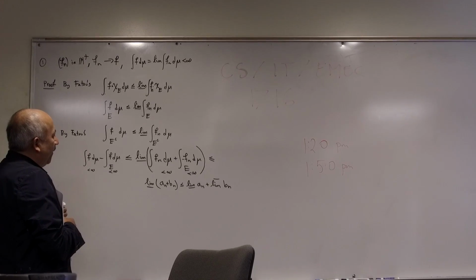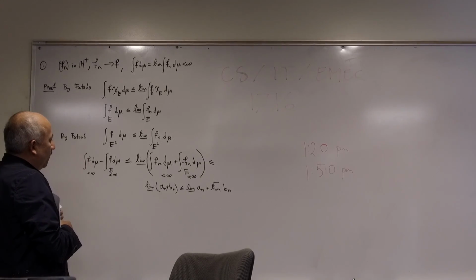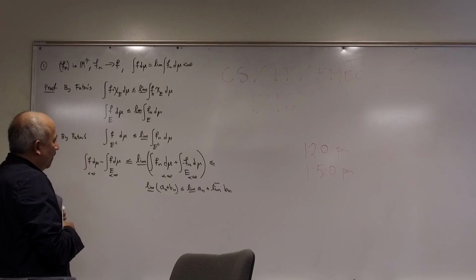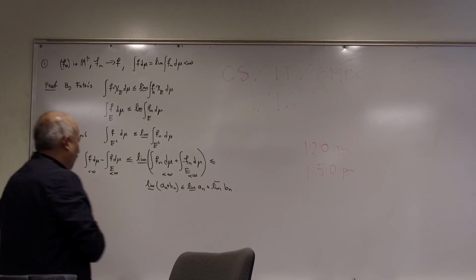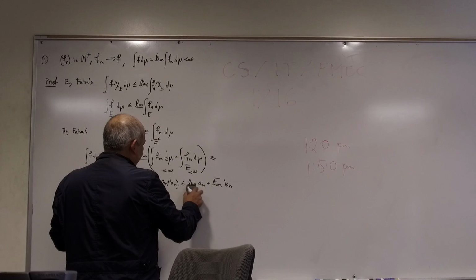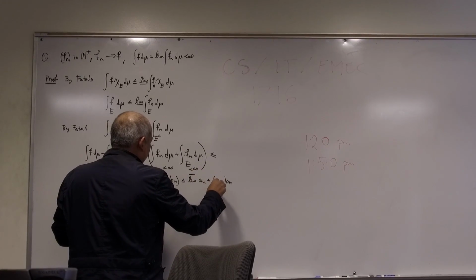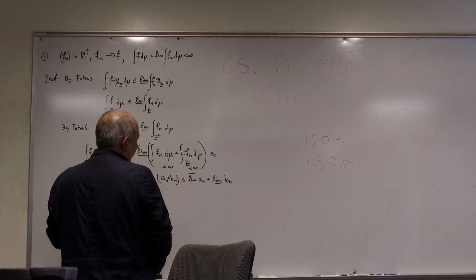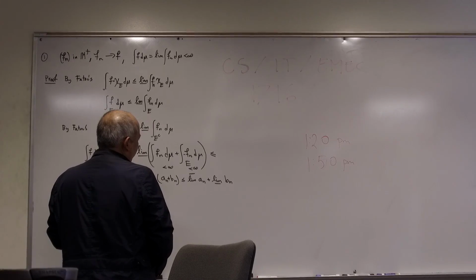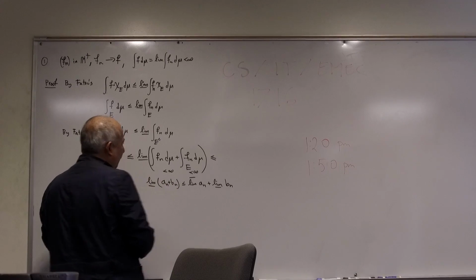Yeah, we can do that later, but right now I'm only applying this one. Well, it can be the other way around. It can be this one and this one, because we can switch them.